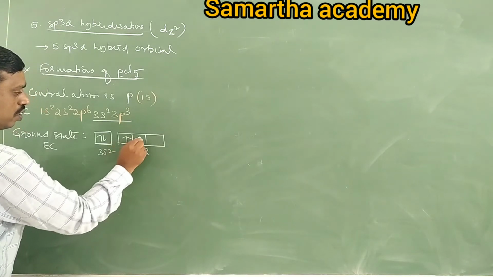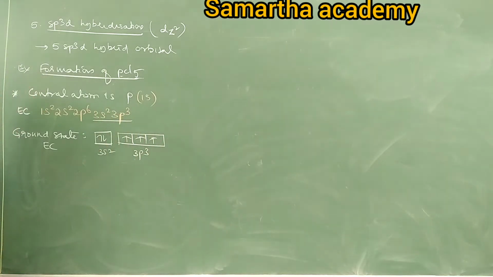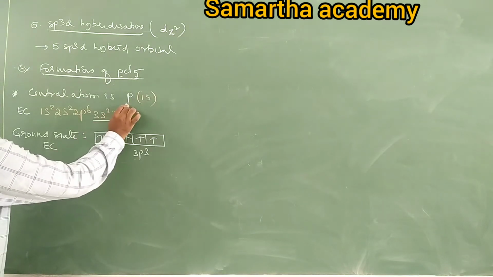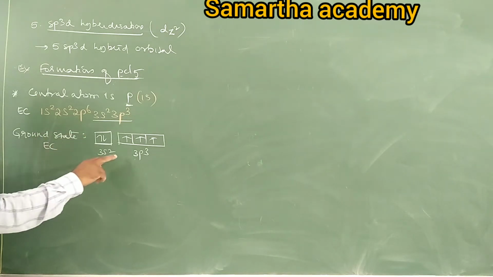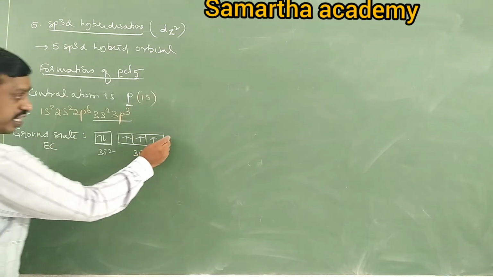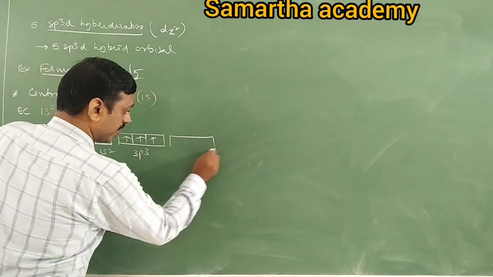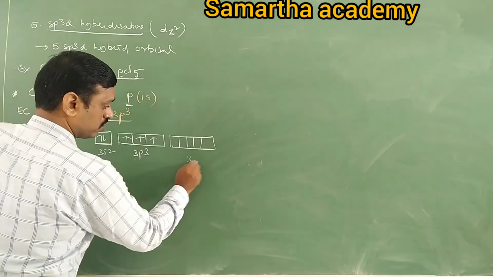Since phosphorus belongs to the third period, after 3p3 there will also be a 3d orbital: 3d0.